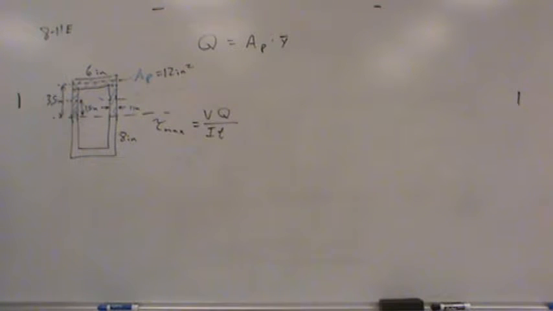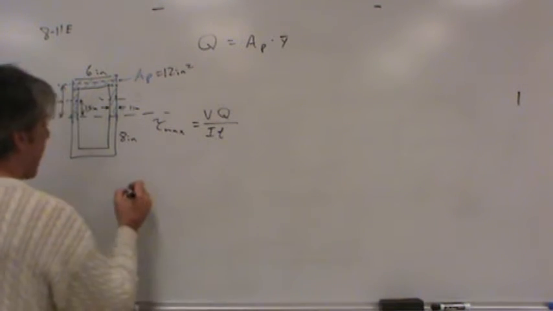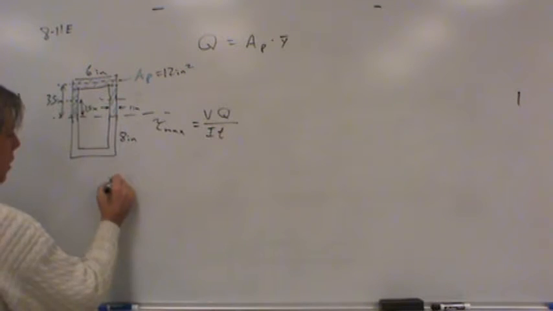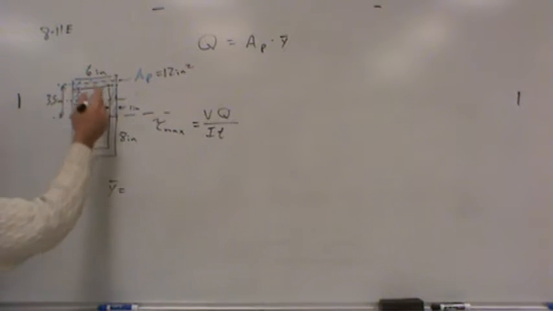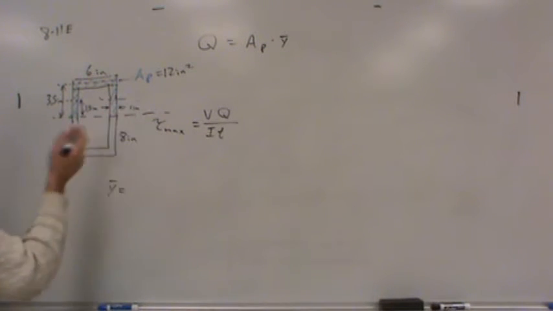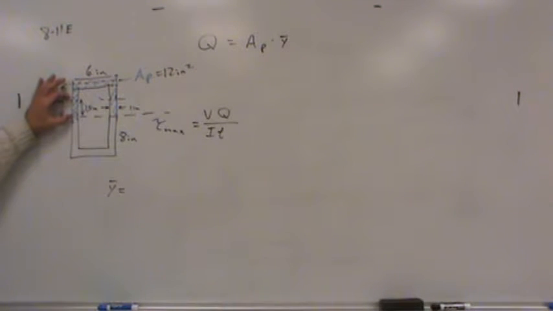So remember the way that we calculate the average position of the area so that we can find where the centroid is. By the way, let me ask you guys a question. Would the centroid be at 2 inches, 3 inches, or more than 2 inches? What do you think? It can't be at 1.5 inches, right?